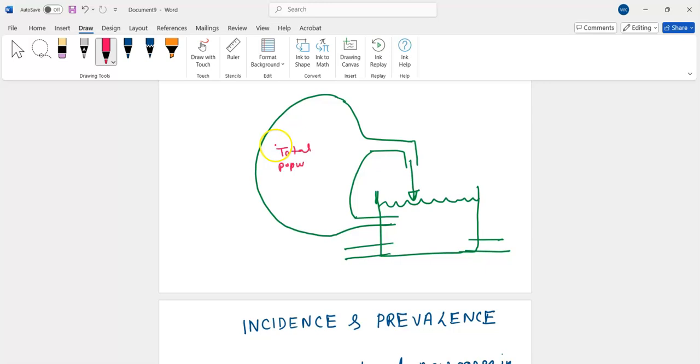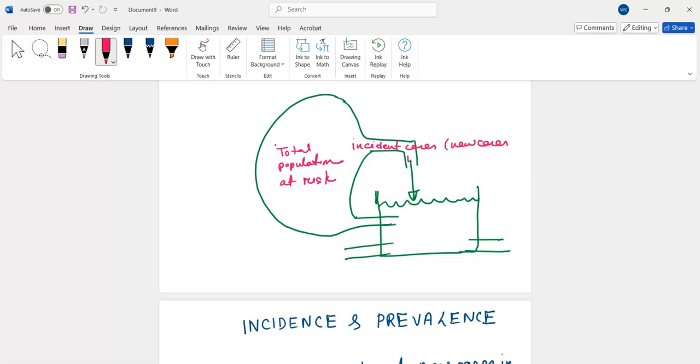The total population who are at risk of becoming diseased. And this line here, this opening here, contains incident cases or the new cases.